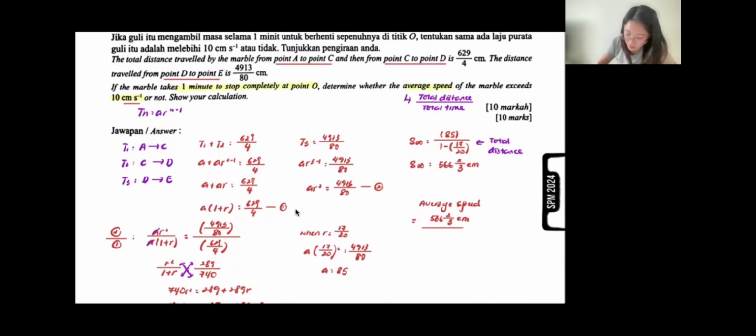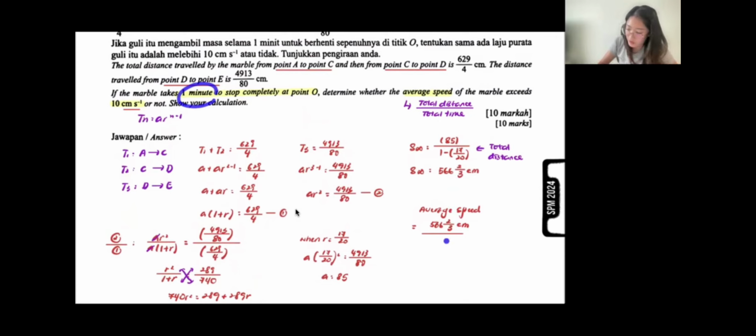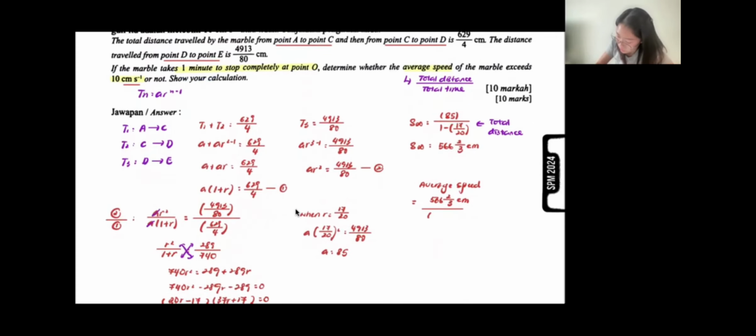This is already in cm. But if you write 1 minute down here, that's wrong, you need to change it to seconds. So 1 times 60 seconds. Divide by 60, and you are getting 9.44 cm per second. The guli is travelling at an average speed of 9.44 cm per second.